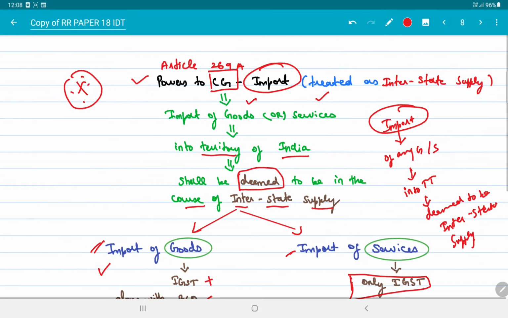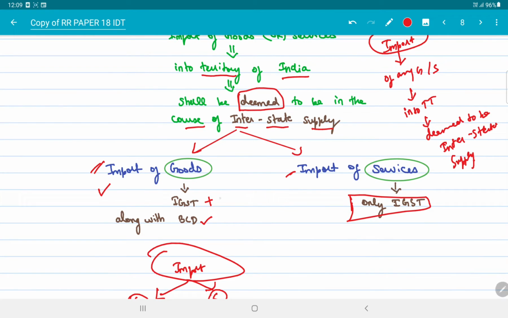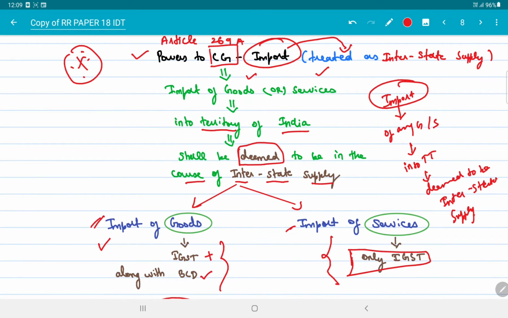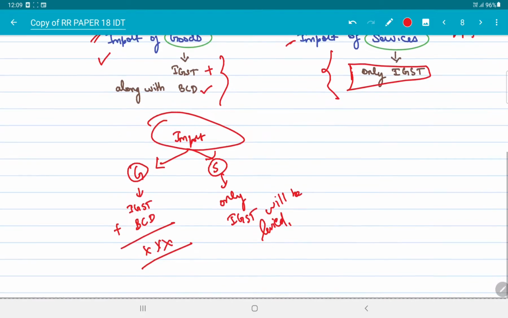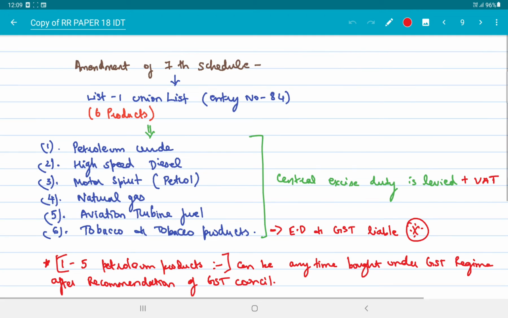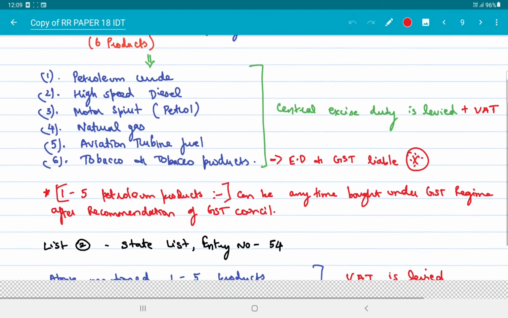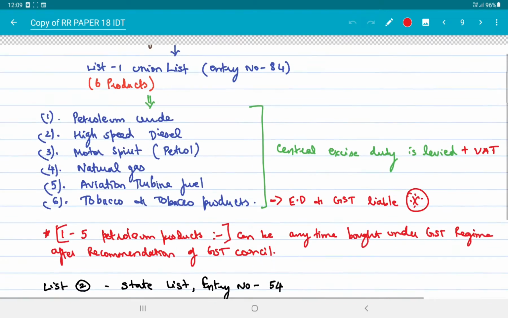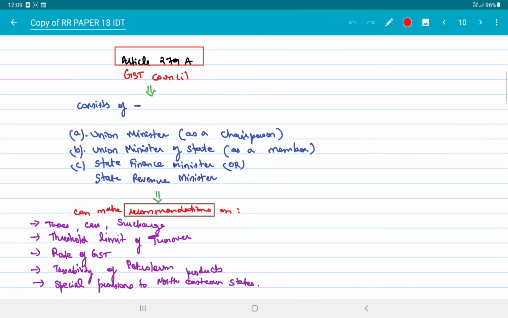Any doubt in this? 269A is a deemed provision which says that any import will be treated as interstate supply. If it is a goods import, IGST plus BCD. If it is service, only IGST. Any doubt in this Article 266A? Okay, so this portion I think we can cover later.